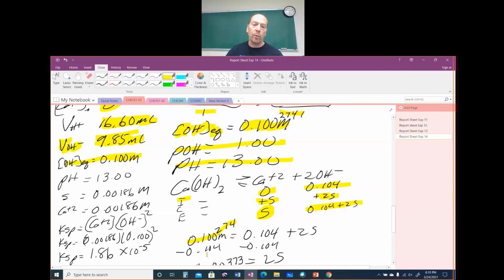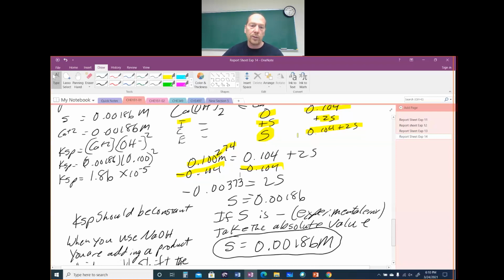All right, so we have 0.100, and if you kept the numbers, it was 274. All right, so we have to subtract 0.104 from both sides to get 2S by itself. And here's where the problem is, because that, again, gives us a negative value. But we keep going. Divide that by 2 to get our molar solubility.